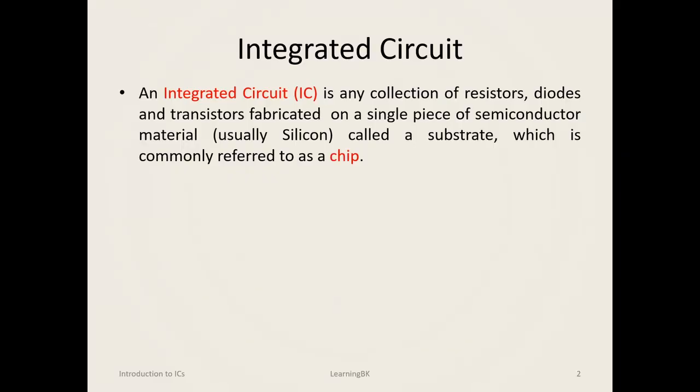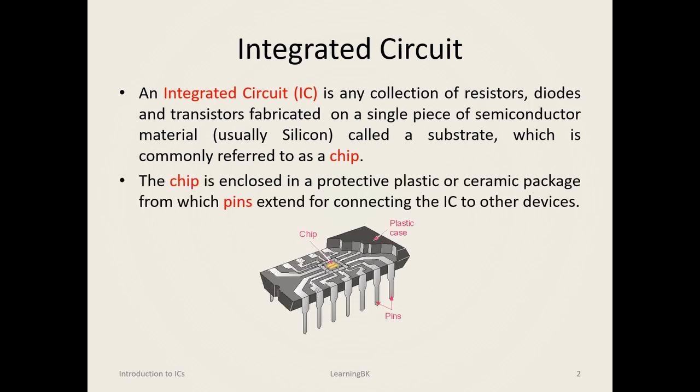An integrated circuit is a collection of various electronic components on a semiconductor substrate. Transistors are the main components that are part of an integrated circuit. However, many other electronic components like diodes and resistors are also part of an IC. This collection of components is also referred to as a chip, which is the final physical form of an integrated circuit.